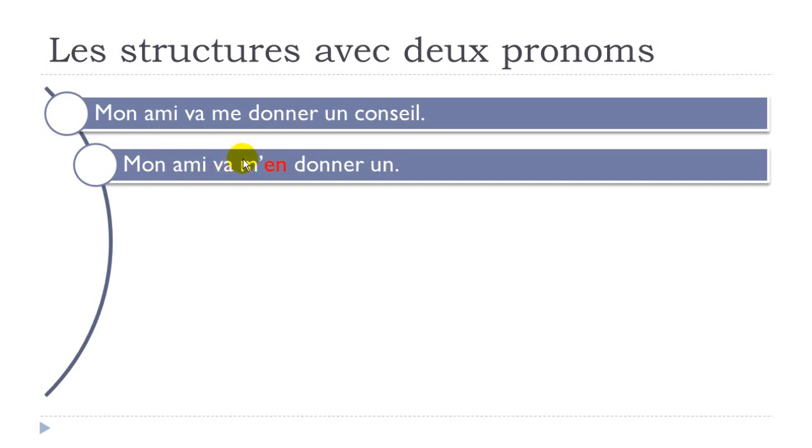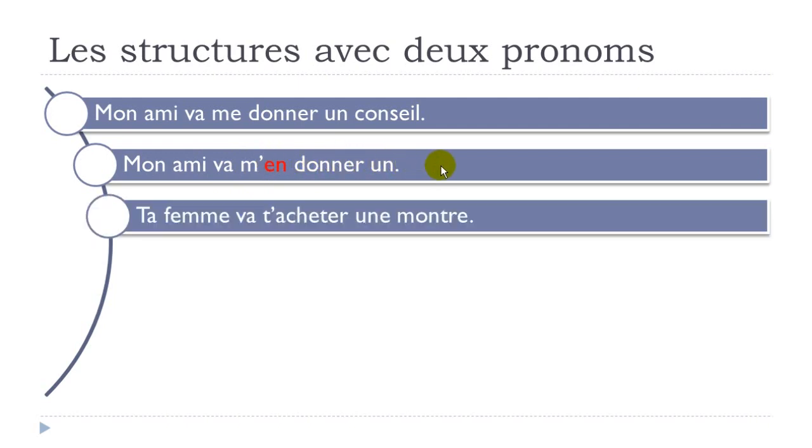And then you will put your pronouns. So me, of course, is going away. Then you've got your pronoun en before the second verb. Donner, to give, that's the second verb here, infinitive form, as usual in French when we've got two verbs. So, mon ami va m'en donner un.